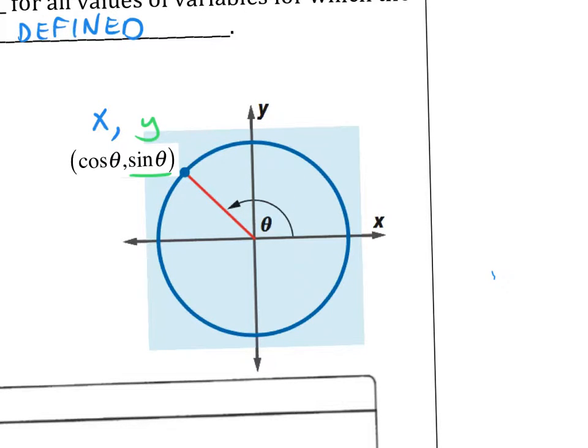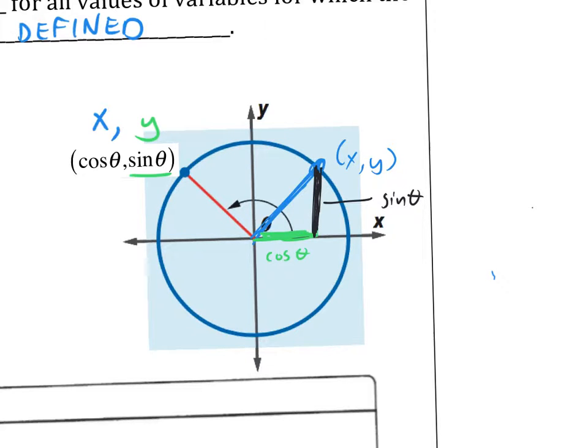Remember that when I have some theta that goes to here, then again, I have an x and a y point. And we already know that if this is my x, then this part right here represents the cosine. This distance is the cosine of theta. And the other component, this distance right here, represents the sine of theta.